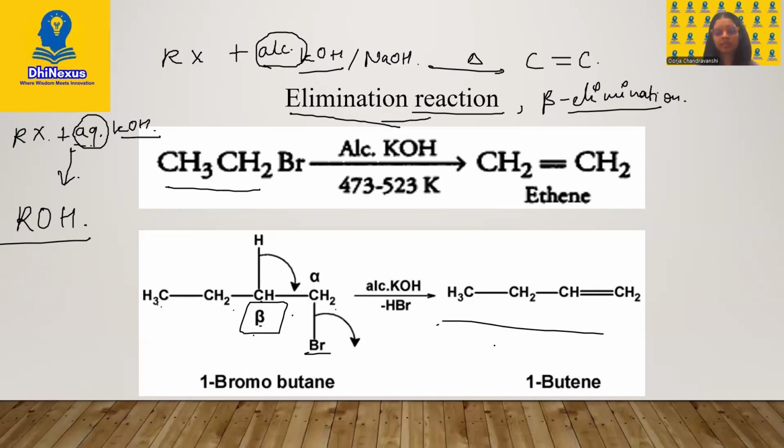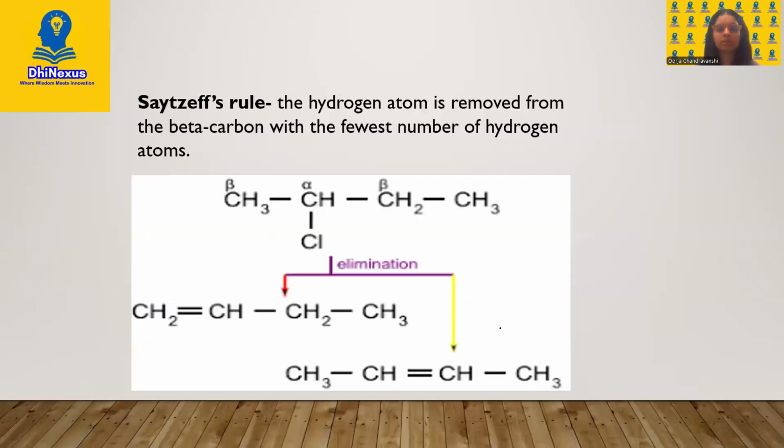However, there is one conundrum that we face if we have something like this. When the halide ion is not attached to the terminal carbon, then there is a possibility of achieving two kinds of alkenes. Which one would be the major product and which one would be the minor? To help us understand which one should be the major product, we have something called Saytzeff's rule.